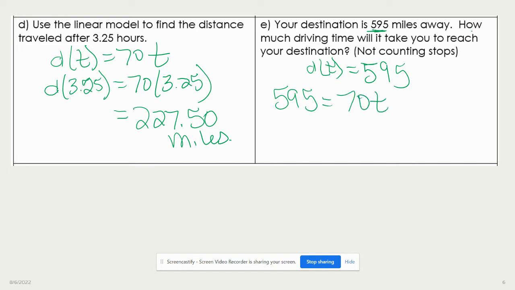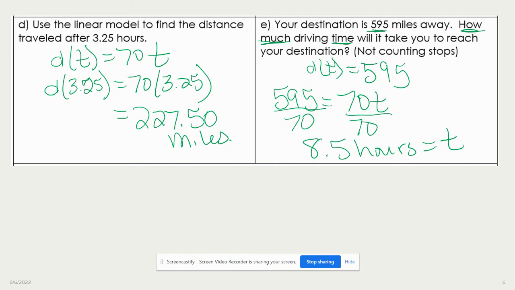It asks you to find out how much time. The opposite of multiplying by 70 is dividing by 70. And we have 8.5 hours is equal to the time.